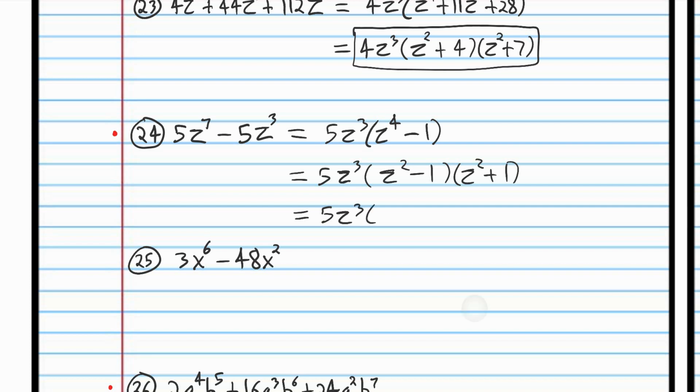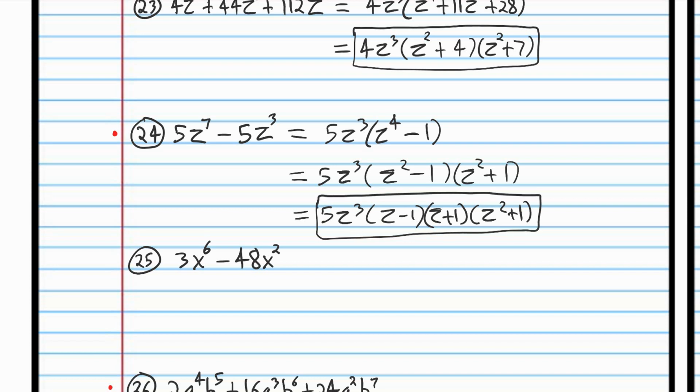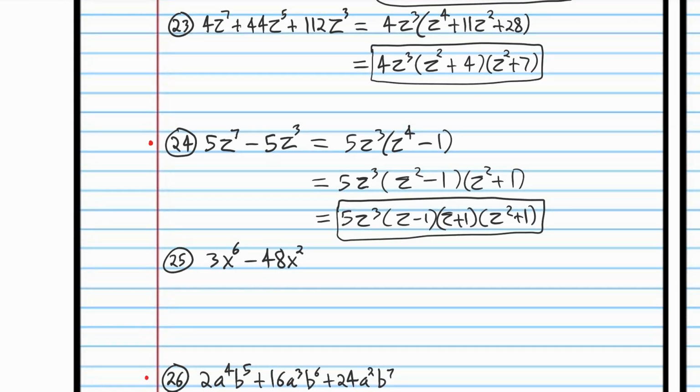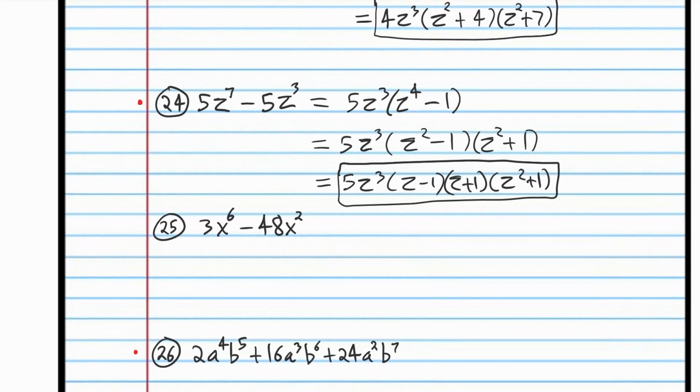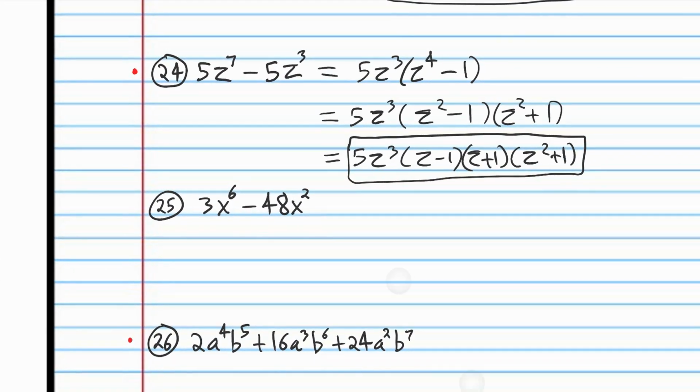So z squared minus 1 is going to be z minus 1 times z plus 1. So again, that was a different problem from the normal difference of two squares because we had a 4th power. So why don't you try number 25, and when you come back, we'll do it together.